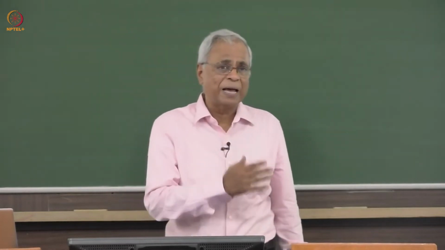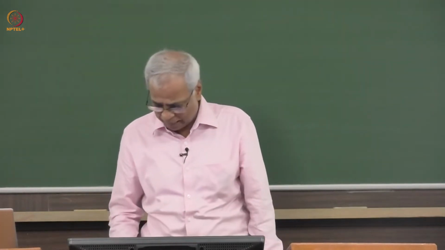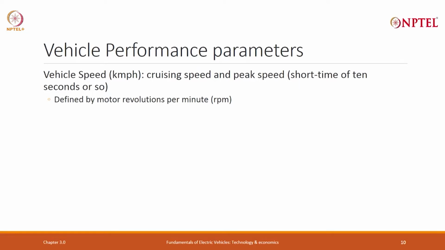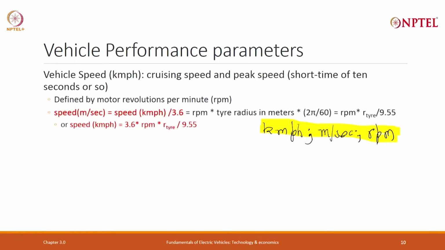Whenever you multiply the torque by a ratio, the speed will come down by the same extent. We did this in the last class, and I am just pointing out that both torque and speed we can play with by using a gear.